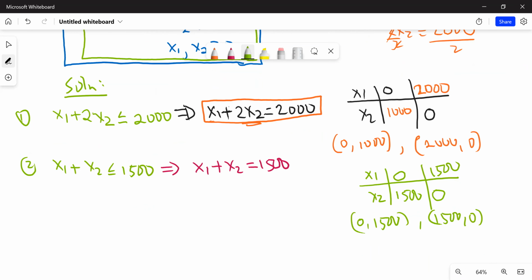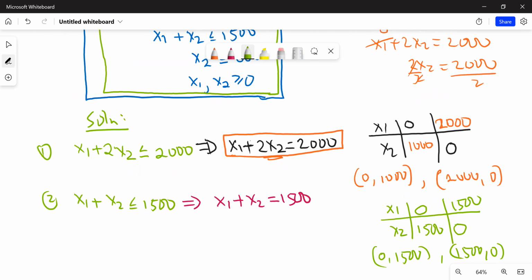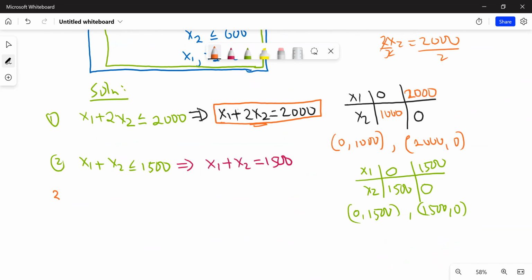Then the third inequality, x2 is less than or equal to 600. If you relax the inequality sign, you will end up with x2 is equal to 600, for which you don't need the values of x1.